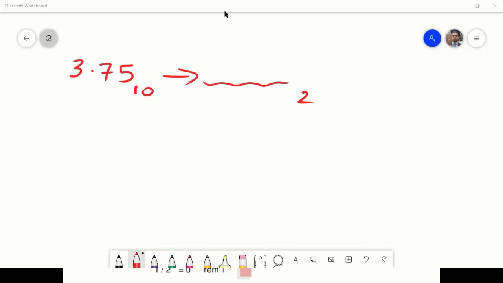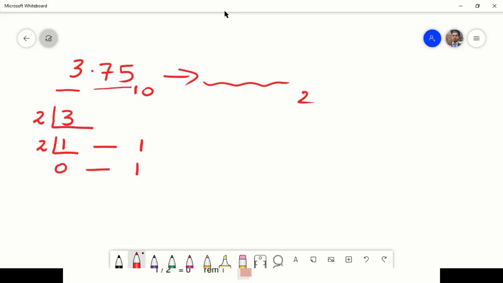So here once again we have two parts. One is the integer part and the other is the fractional part. So the integer part we will work out. So 3 divided by 2, so 1, the remainder is 1. 1 divided by 2, 0, the remainder is 1.